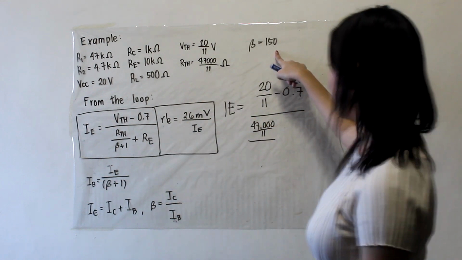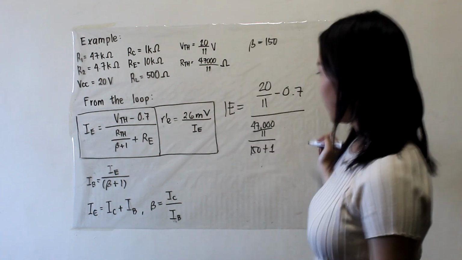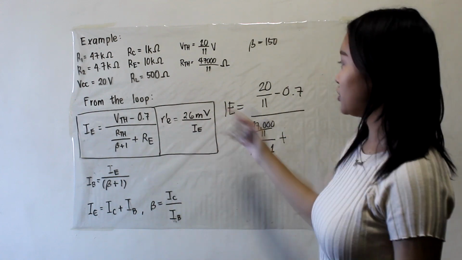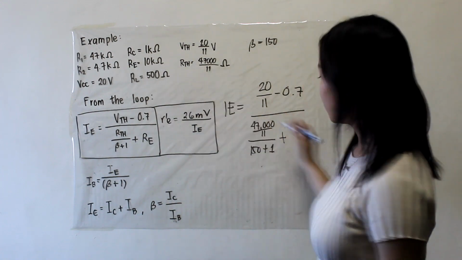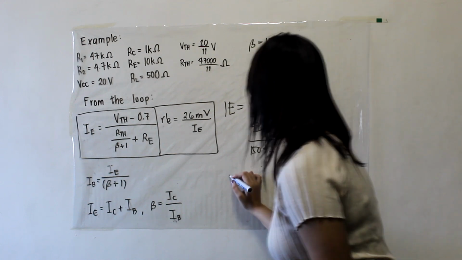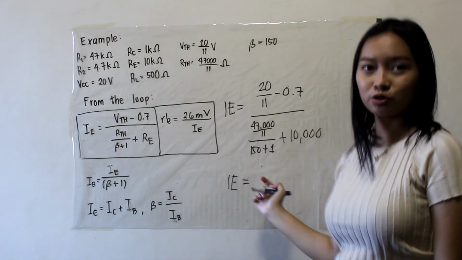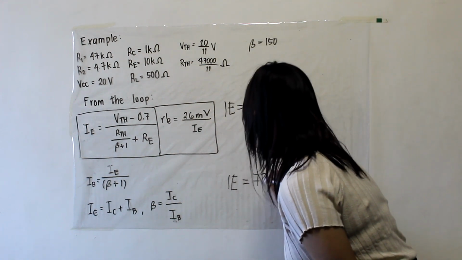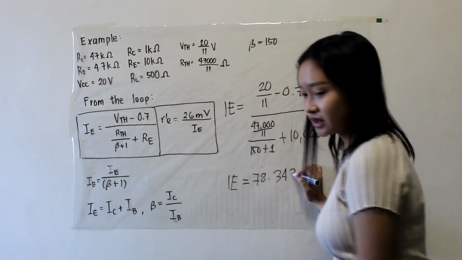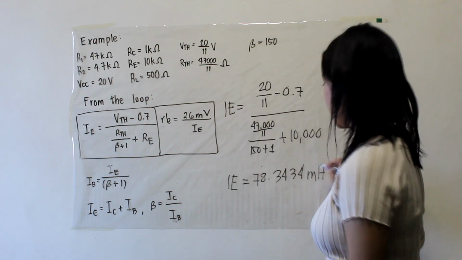Beta is equal to 150, plus 1. Then plus RE, which is equal to 10,000. Therefore, IE is equal to 78.3434 microampere.